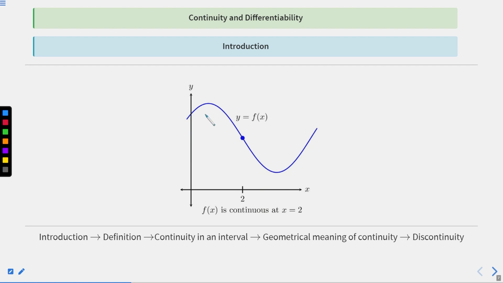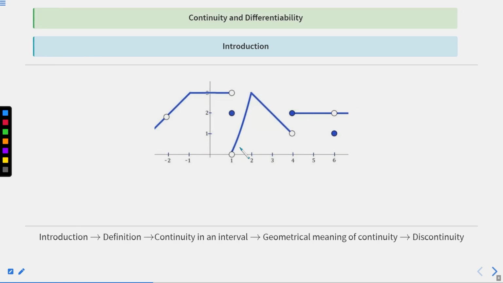So for example, this is continuous, nicely continuous at this point. You can trace your graph without lifting your pen. This is a nice example of a continuous function. Here is a discontinuous function, as you can see. Here you have to lift your pen to make the graph further, and again lift your pen, and again lift your pen.